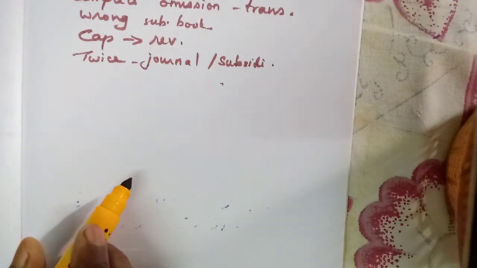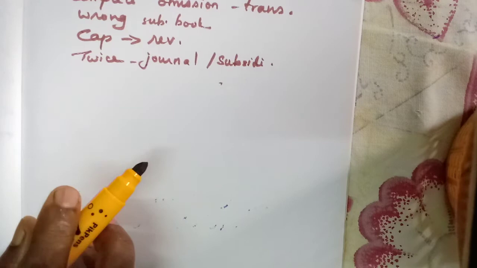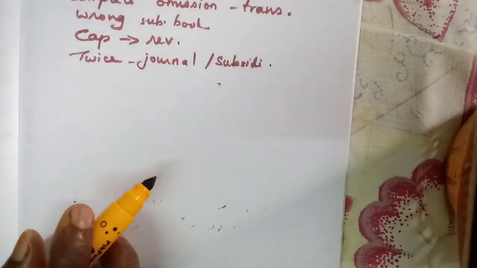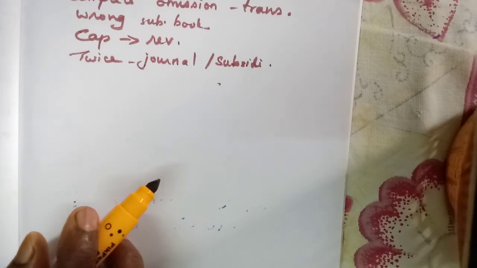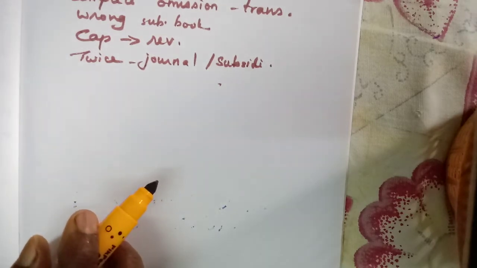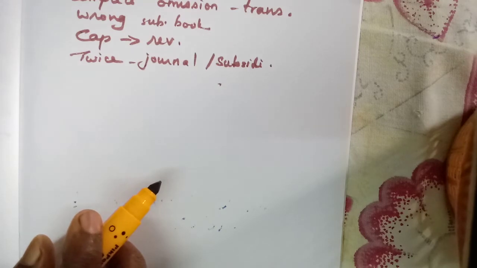If we are going to locate the error after the preparation of the trial balance, then we can check from the last step. First we need to add the trial balance once again, and we can locate the error.